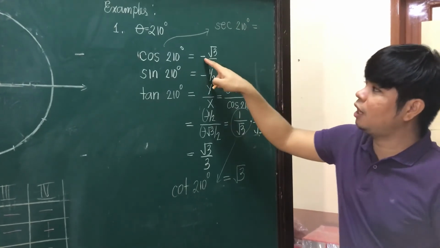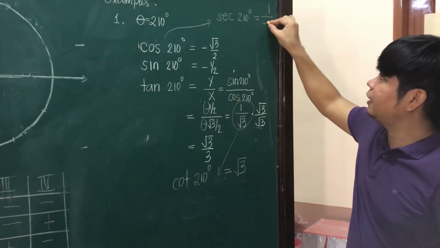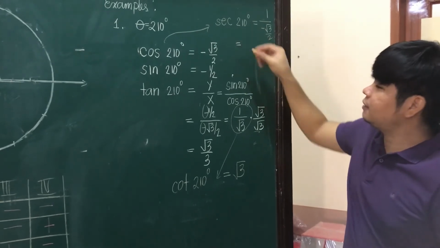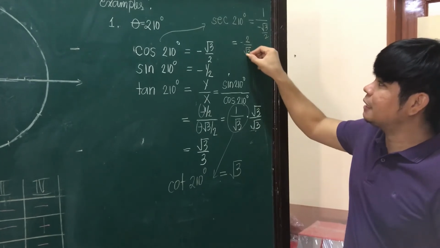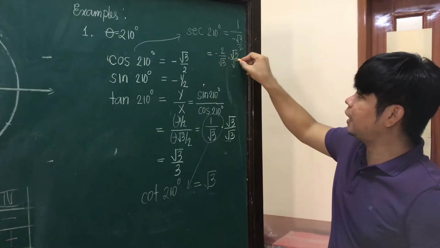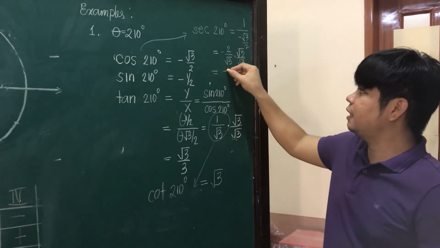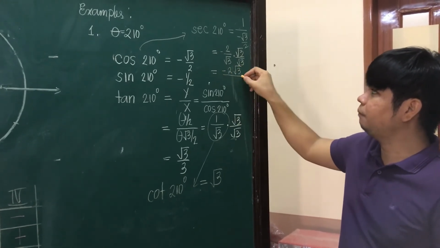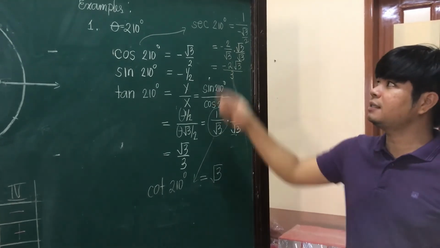So the reciprocal of negative square root of 3 over 2, that is 1 over negative square root of 3 over 2, will give us negative 2 over square root of 3. Rationalize that. So multiply by square root of 3 over square root of 3, which will give us negative 2 square root of 3 over 3, since square root of 3 times square root of 3 is 3, and that is secant 210 degrees.